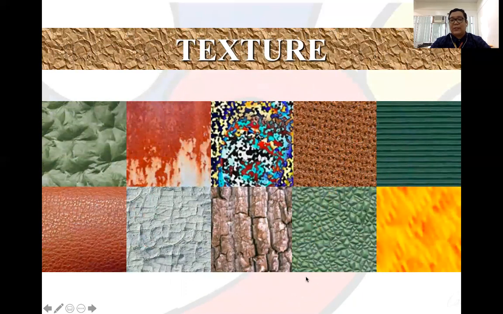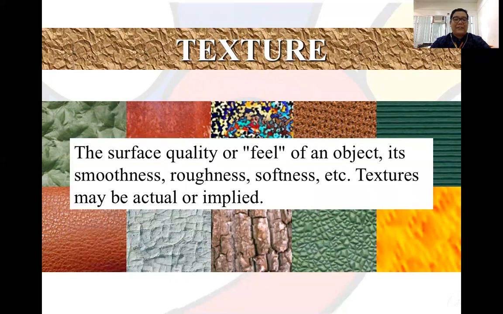We also need to consider texture because the texture may also provide a deeper meaning to the masterpiece. The surface quality or feel of an object, its smoothness, roughness, softness. Textures may be actual or implied, okay? For example, if it is poetry, there could be implied texture to it. Let's say the emotions or the mood present in the poetry or the prose or the story.